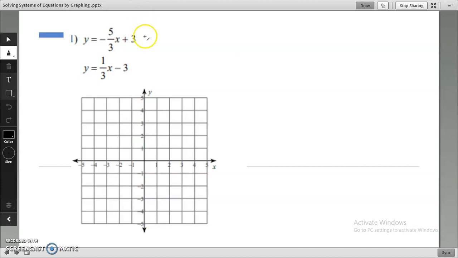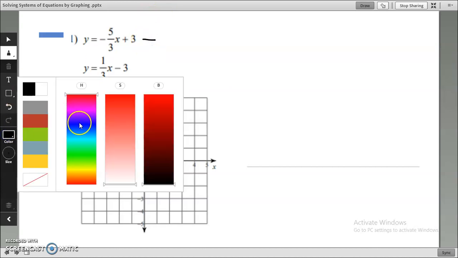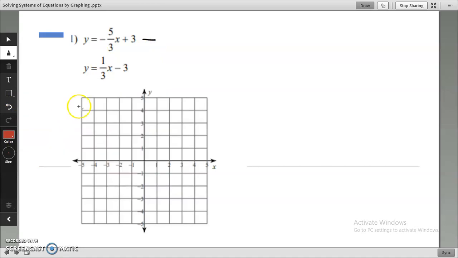So first of all, let's graph the first one, and I'm going to graph it in red. I'm going to put here plus 3 because that's my y-intercept. Then my slope is negative 5/3, so I'm going to go down 5: 1, 2, 3, 4, 5, and I'm going to go over 3: 1, 2, 3.